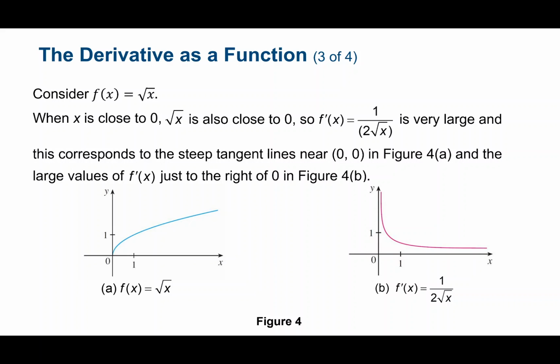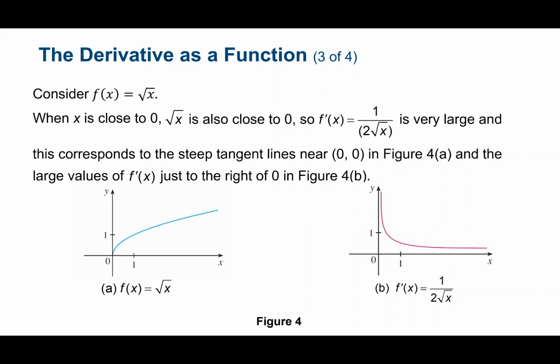And if you look at the two graphs, you can match up the behavior that's going on. So here, we think about our tangent line coming in close to 0, not quite at 0, but coming in close to 0, we're going to have a really steep tangent line, right, with a positive slope. So we're going to have really big positive values when we're close to 0.